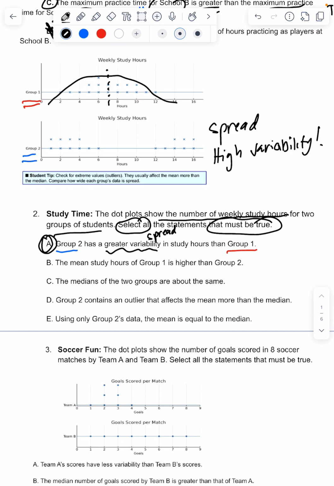So we know that the mean is going to be somewhere in the center, approximately 7 hours, right? But here, even though we have data on the right-hand side, we also have data on this side. Because we have outliers on the right-hand side, this is going to push our mean into the positive direction.